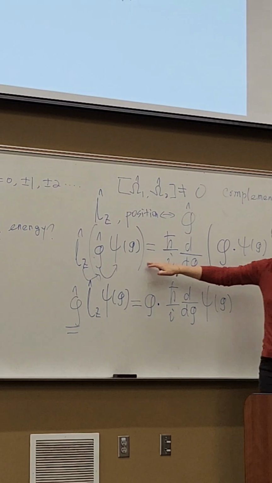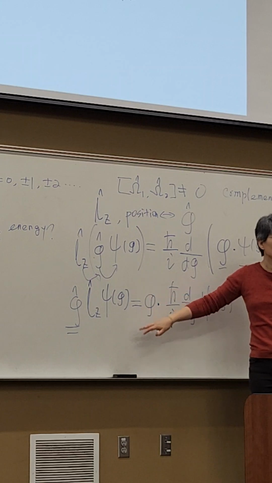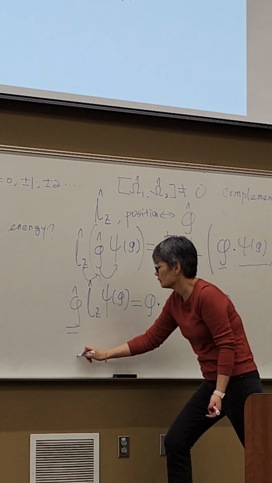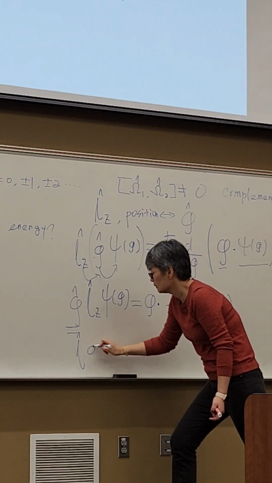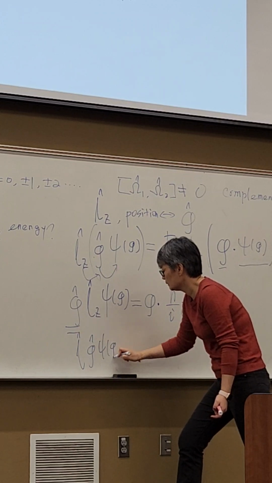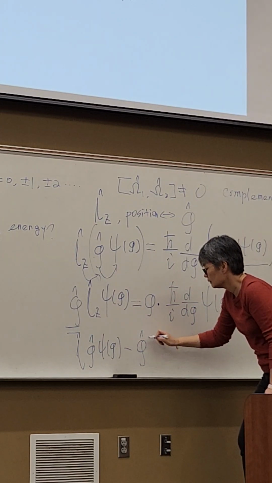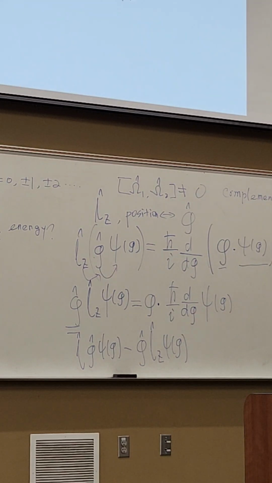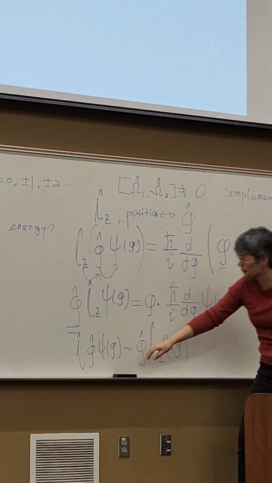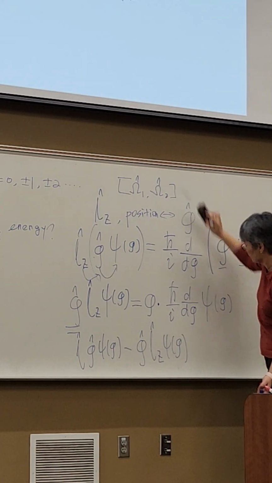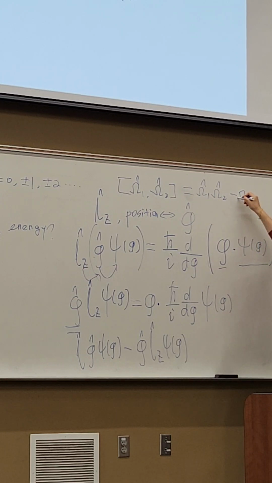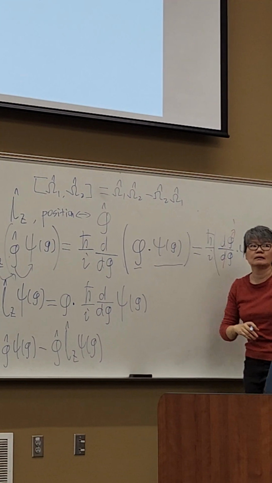Now I have these two sequences. What would be the difference between the two? If I write out the whole evaluation, because the commutator is really to evaluate the differences.